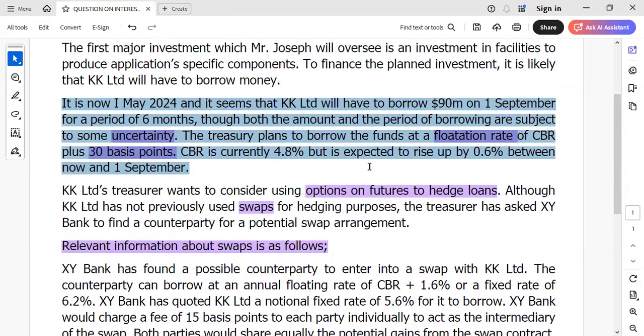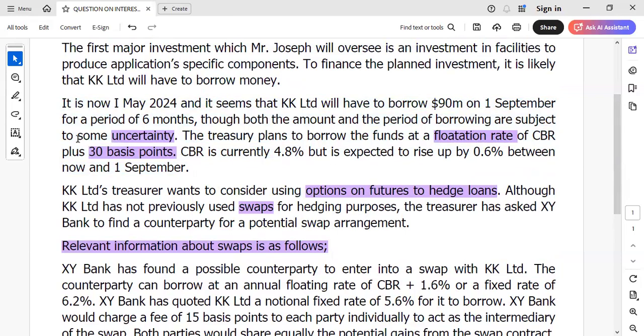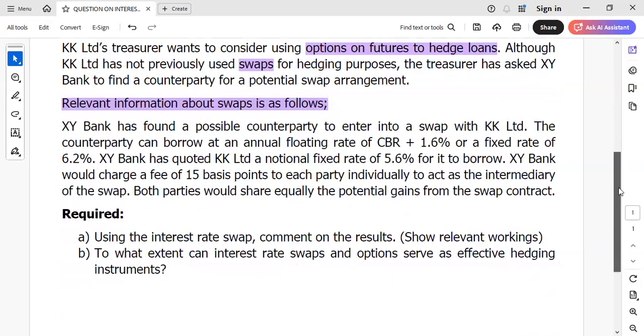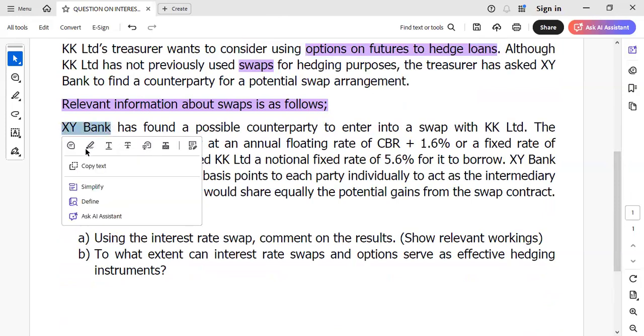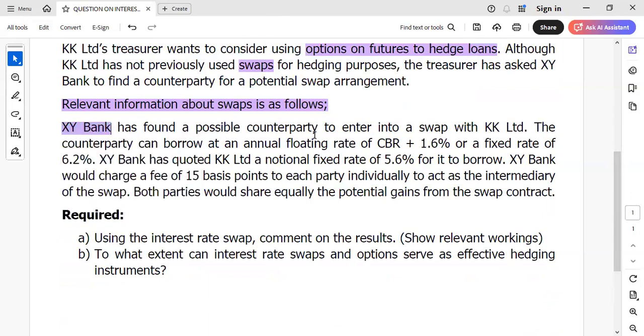You'll find that you're not going to use some of the information. If you're using swap, just look for information related to swaps. So we are told that XY Bank, our intermediary, has found a possible counterparty to enter into a swap with KK Limited.